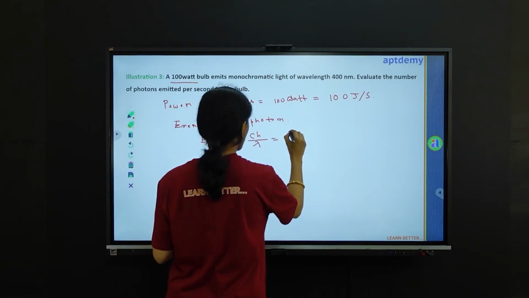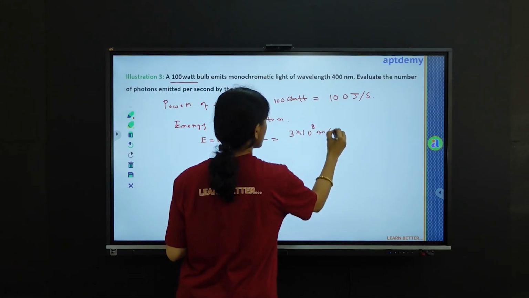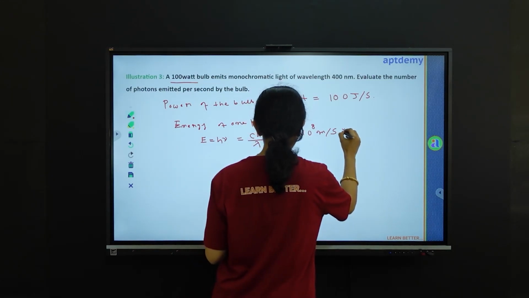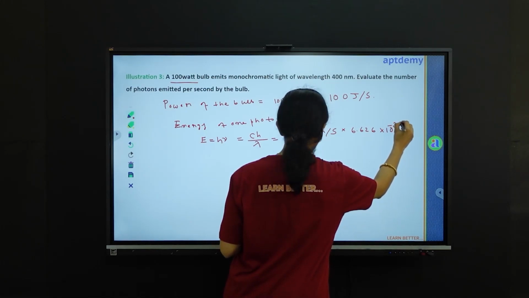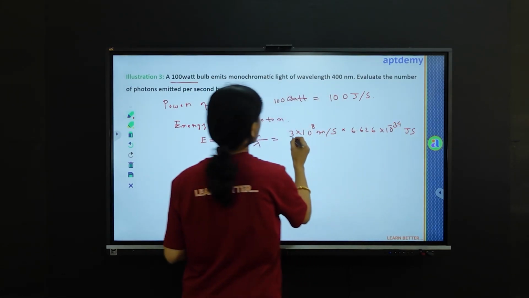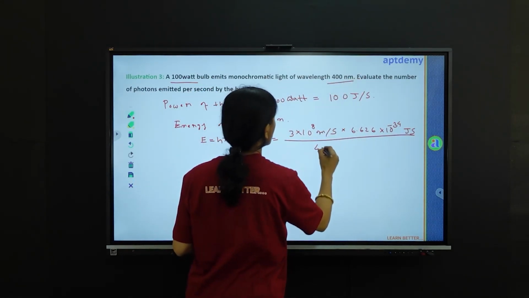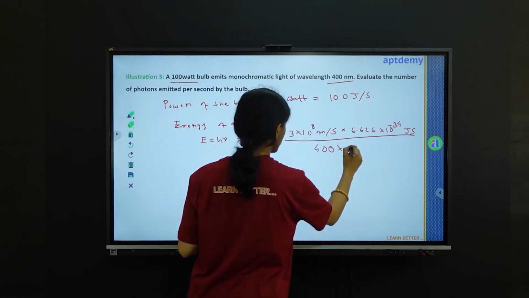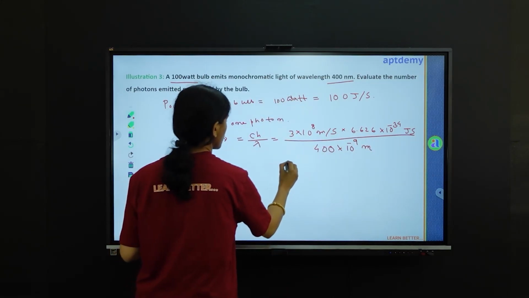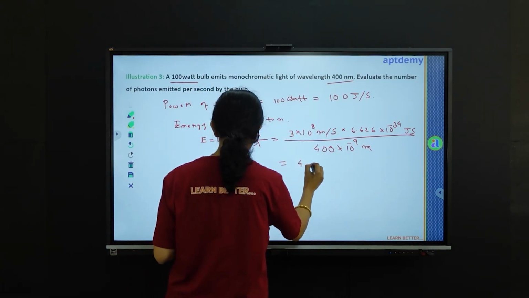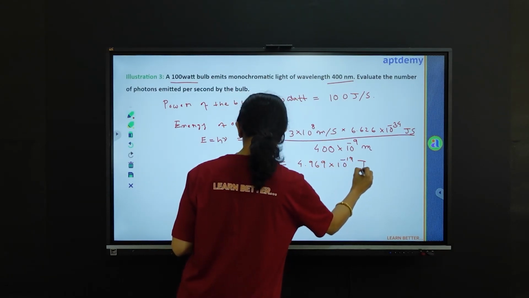For c we can write 3 times 10 to the power 8 meter per second, that is the speed of light, times 6.626 times 10 to the power minus 34 joule second, that is our Planck's constant, and the lambda is given as 400 nanometer, that is 400 times 10 to the power minus 9 meter. If you solve, you will get 4.969 times 10 to the power minus 19 joule.